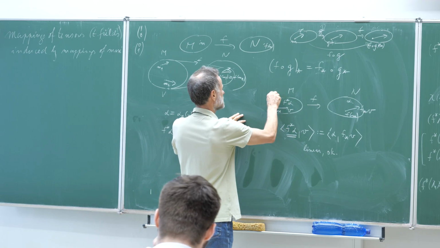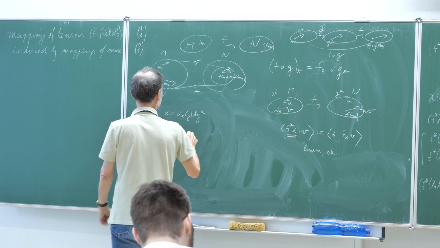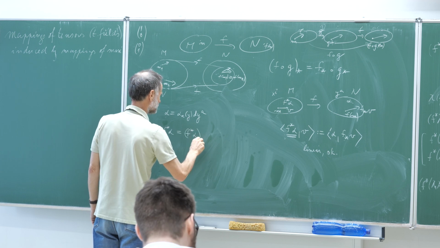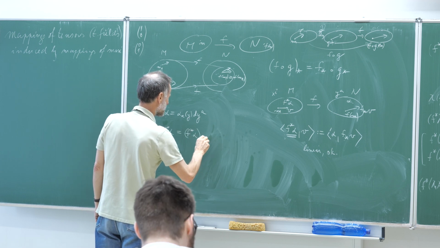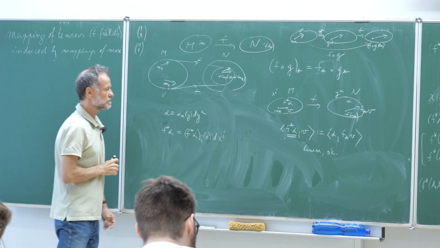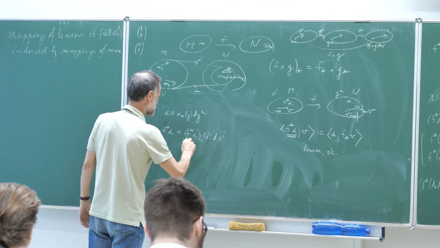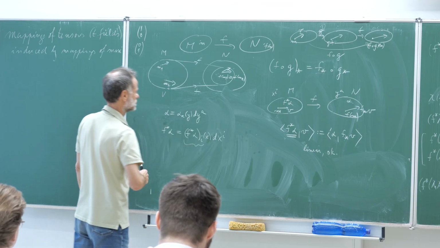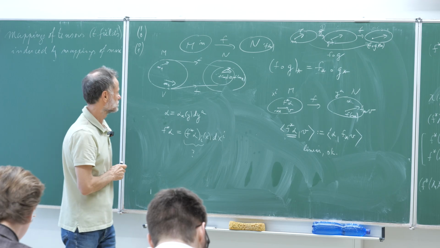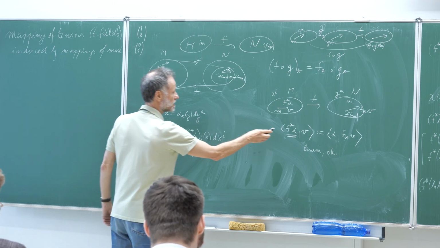Here we have x's, here we have y's. So it should be (F star alpha)_i(x) dx^i. And the only question is, what is this? For given alpha_A, and given F.